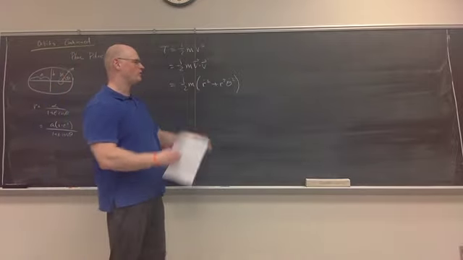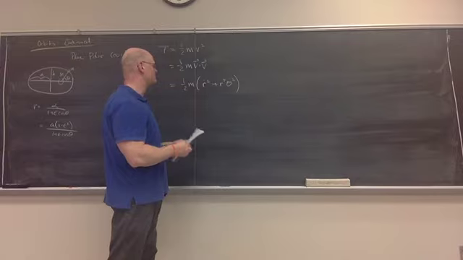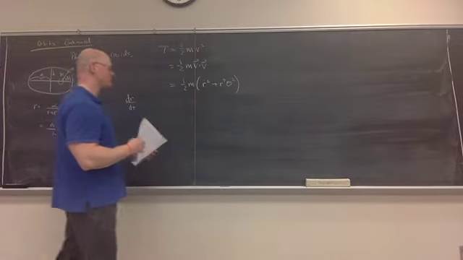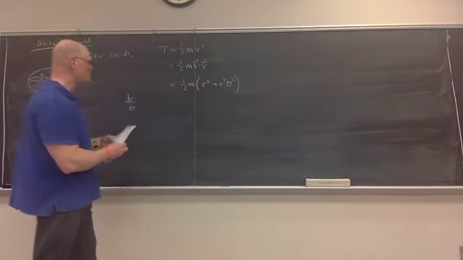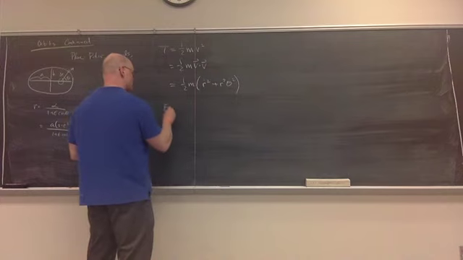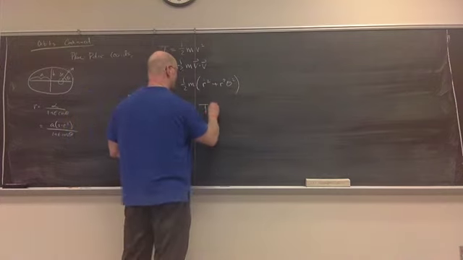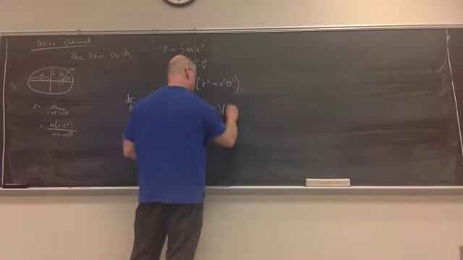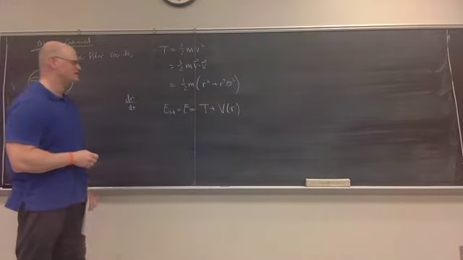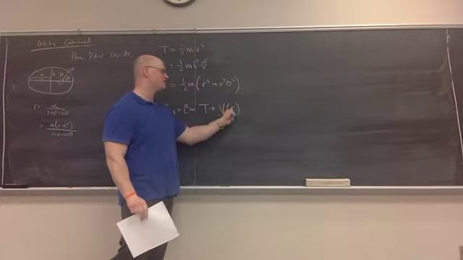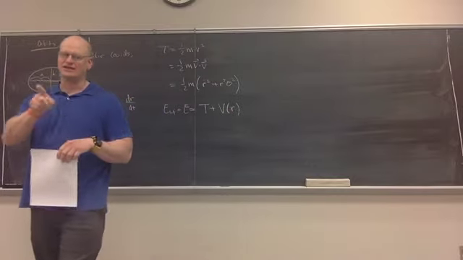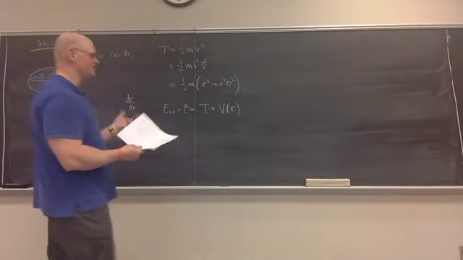So this is how the radial distance is changing with respect to time, and this is how the angle is changing over time. This tells us that the total energy, I'm just going to call it E, is equal to the kinetic energy plus the potential energy, where the potential energy in this case is simply a function of the radial distance. Again, not directions, because it is a central potential.